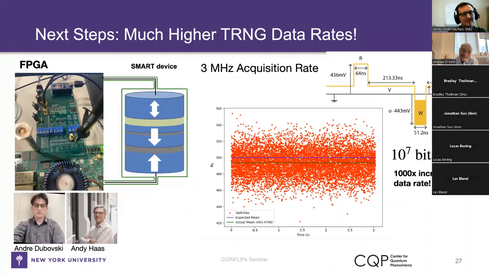Together they teamed up and built this FPGA circuit, which can both apply the pulses and measure the state of the junction. Everything that we had, our pulse generator, our digitizer, are all now on a chip that they made, which is connected to the device. They've already been able to generate 10 to the 7 bits in 3 seconds. That's a 1,000-fold increase in the data rate I showed you earlier. That's, I think, good news.